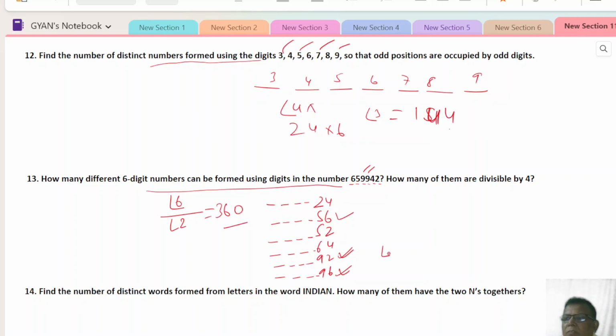So that will be factorial 4. This will be factorial 4. This will be factorial 4 by factorial 2 and 2. So what will be the answer? 2 into factorial 4 into how many? 4. 2 into factorial 4.